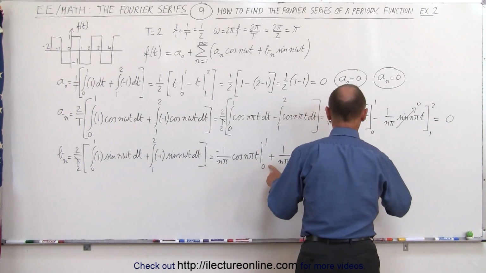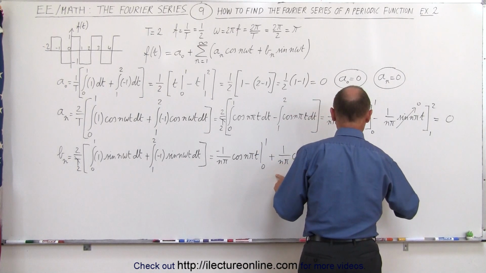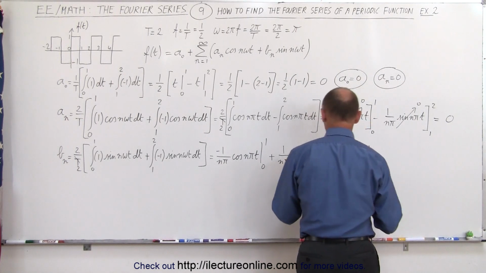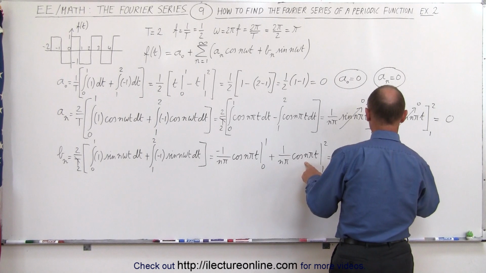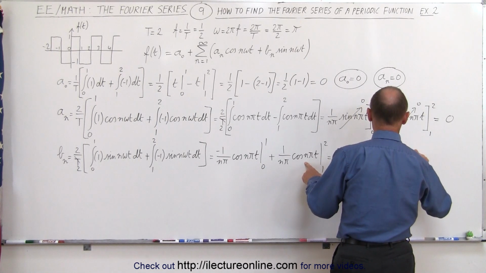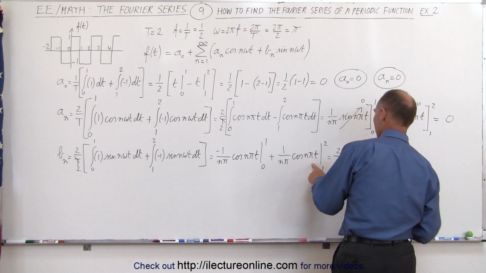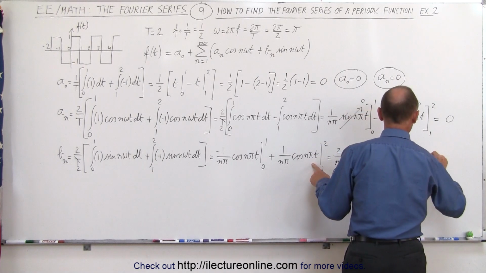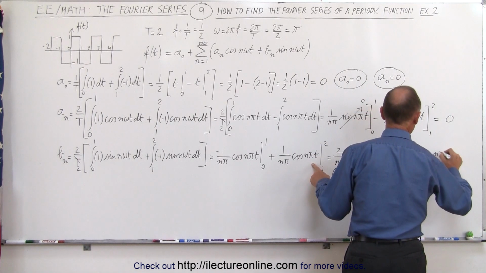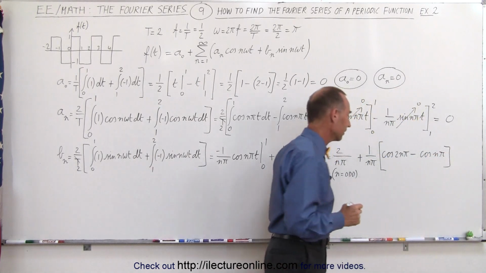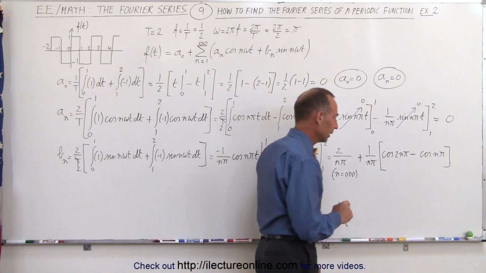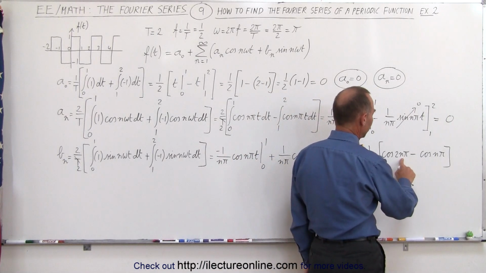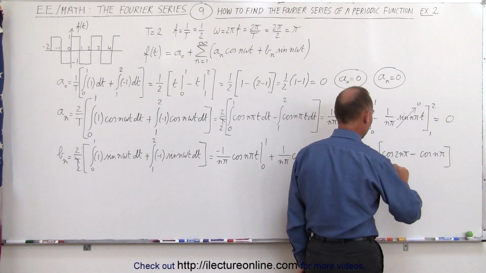And here we're going to write plus 1 over n times pi, because this is a little bit more difficult to see, times, plugging in the upper limit, we get the cosine of 2n pi, minus, when plugging the lower limit, we get the cosine of n times pi. All right, let's see what we can make out here. If n is 1, we get the cosine of 2 pi, so let's write it like this.